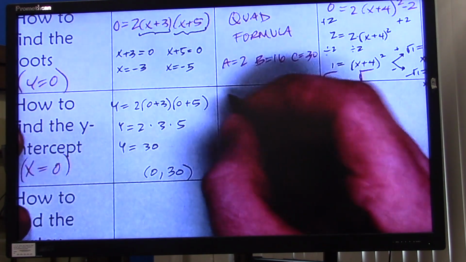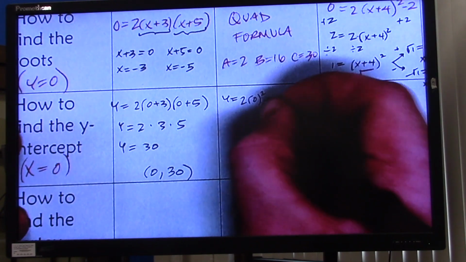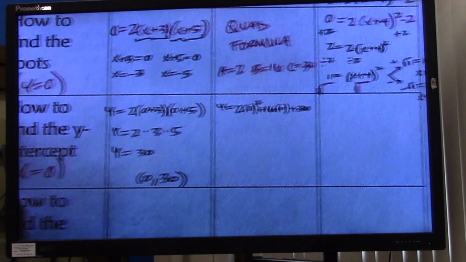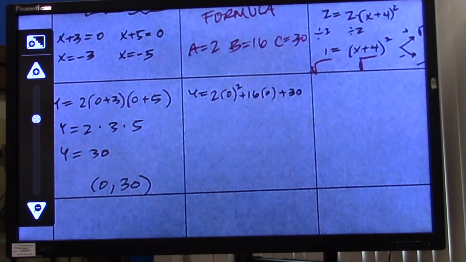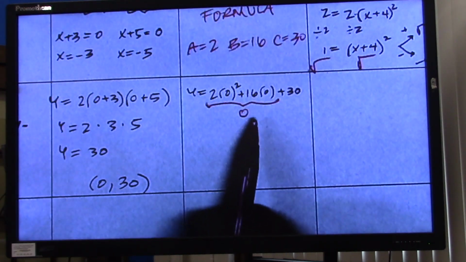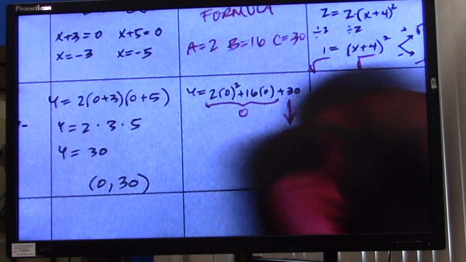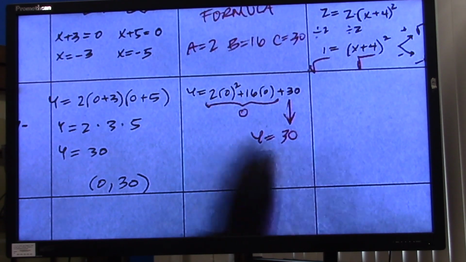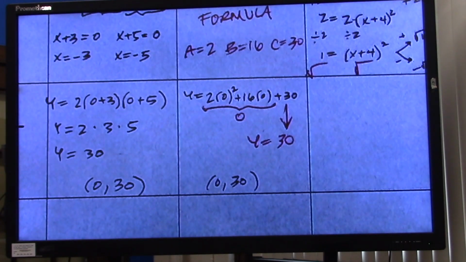If you instead have this form, you should notice that if you plug in a bunch of zeros, this whole first part of it is 0. And then the only thing left is the plus 30 here. That stays, so we get the 30 from that last part.